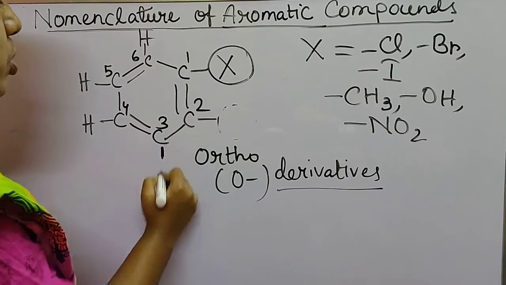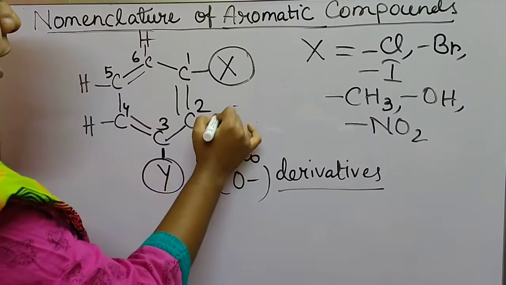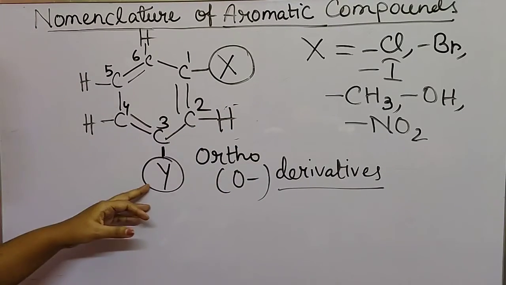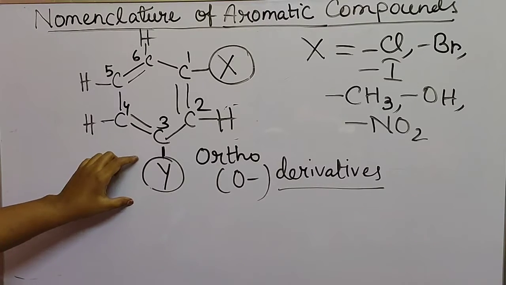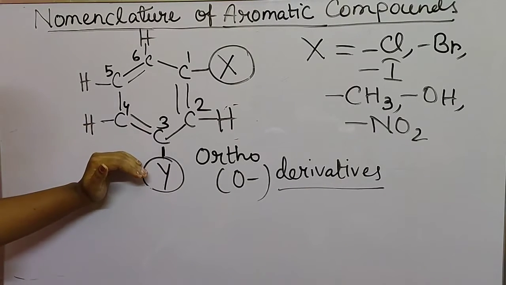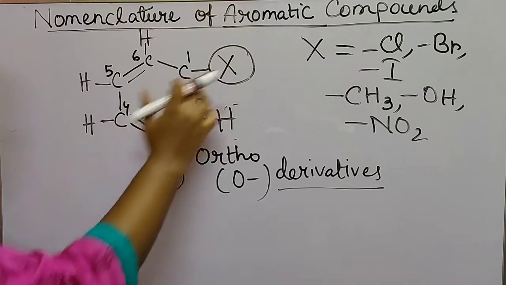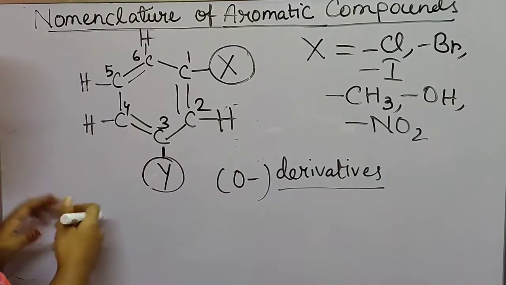If the substituent is substituting the hydrogen from the third position, or from a carbon which is just one carbon away from the other substituent, then this type of derivative is called a meta derivative.